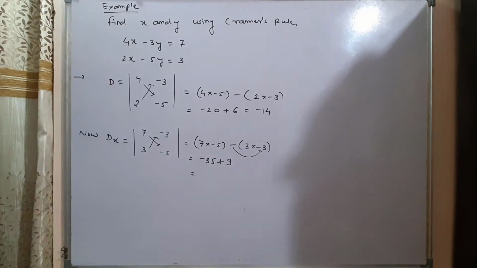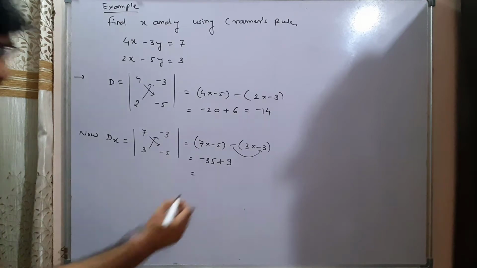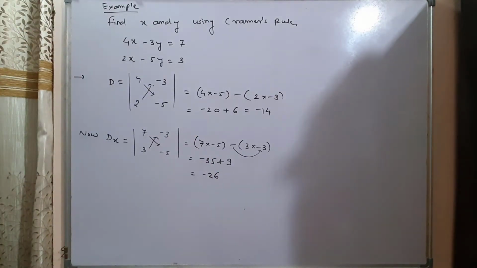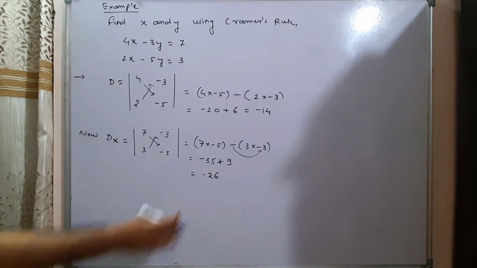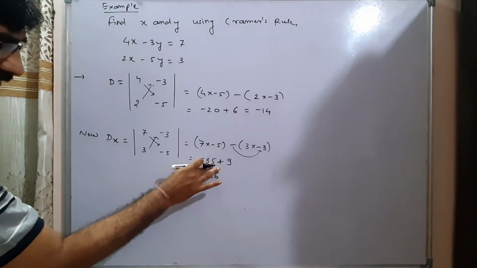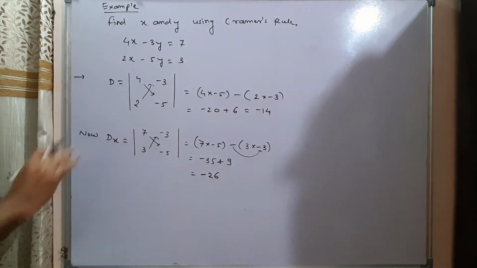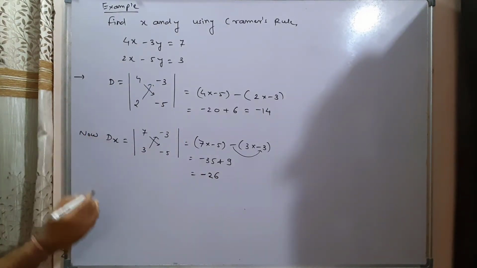So minus 35 plus 9. So it is minus 26. So we get the value of dx.